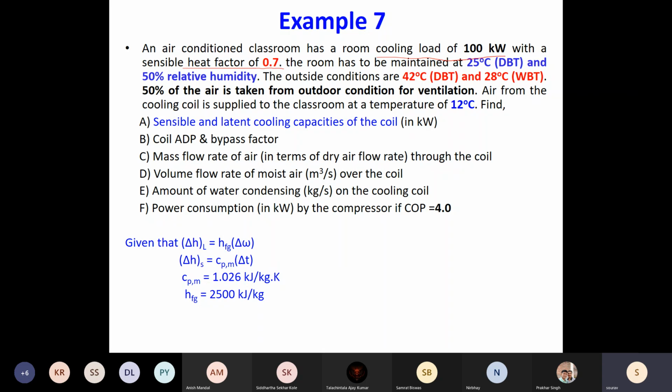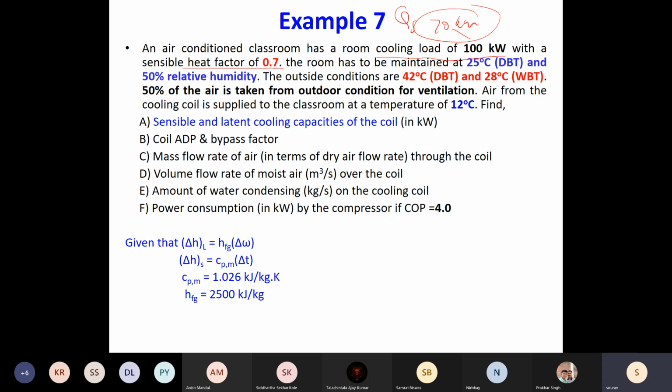So what does that mean? Cooling load is 100 kilowatt, sensible heat factor is 0.7. So out of this 100 kilowatt, 70 kilowatt is in the sensible column and the rest would go into the latent column.